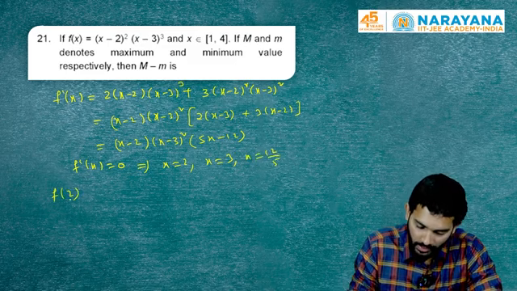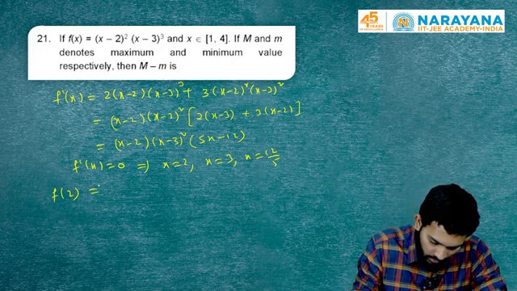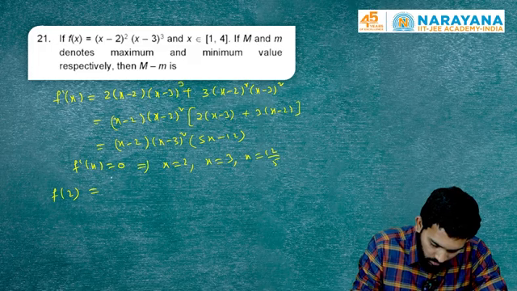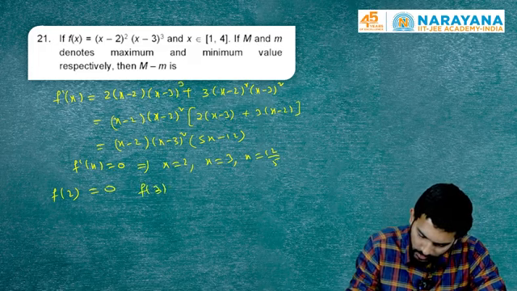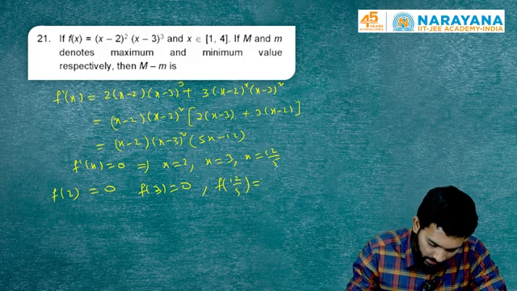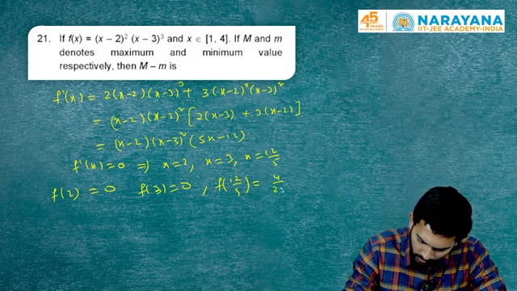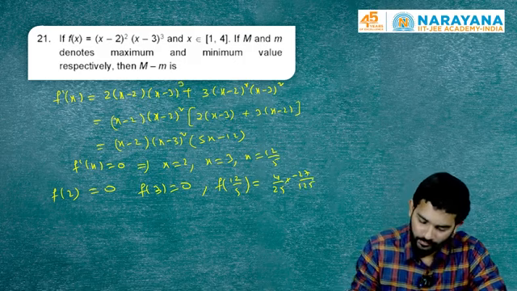If I calculate f of 2, it will be 0, and f of 3 is also 0. And f of 12 by 5, if you calculate, you will get 4 by 25 into minus 27 by 125.